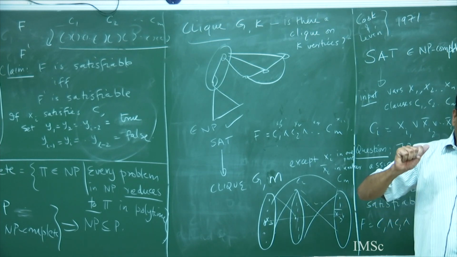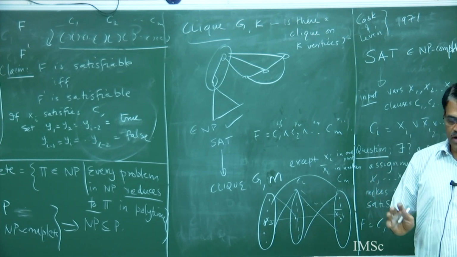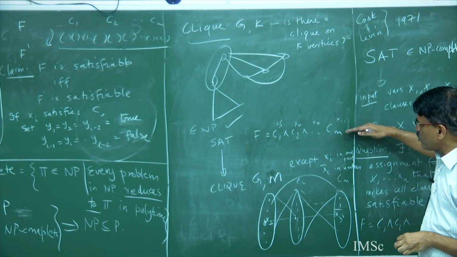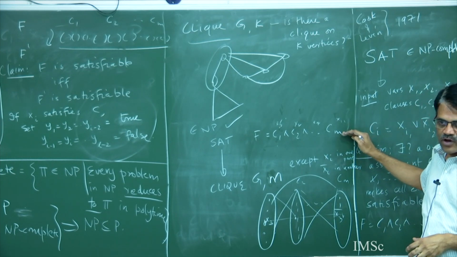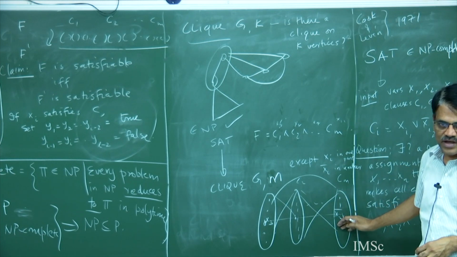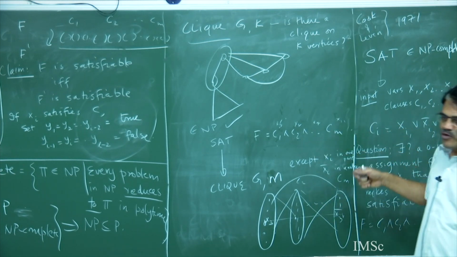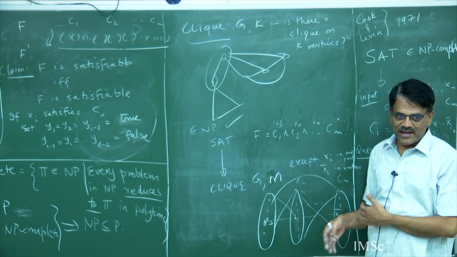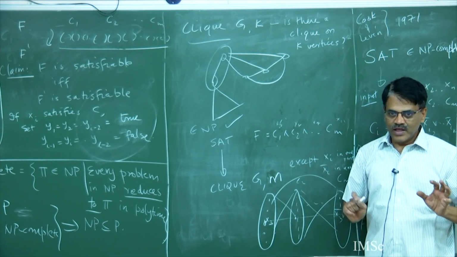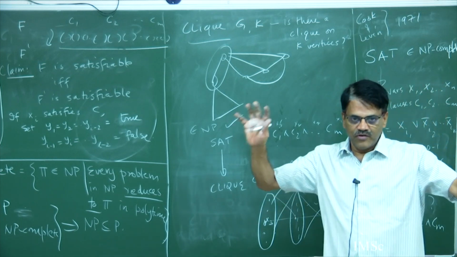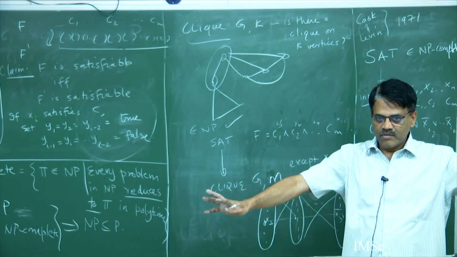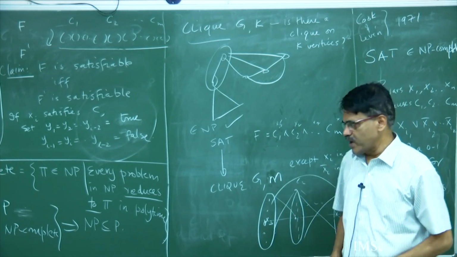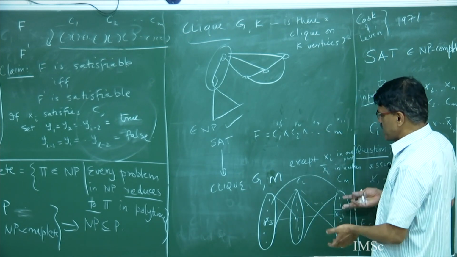Again, very important, people often get confused: I do not know whether this formula is satisfiable or not before I construct this graph. I have seen proofs where people take f and take a satisfying assignment and construct the graph. No, you are given only the formula, you have to construct the graph in such a way that f is satisfiable if and only if the graph has an M clique. So, how do you construct it here?